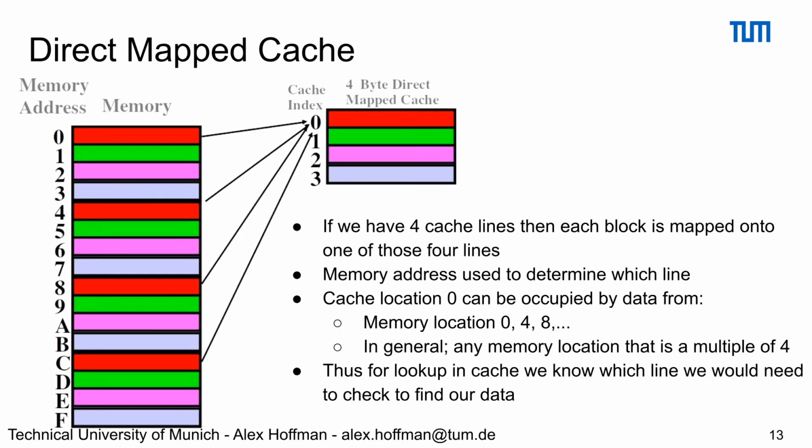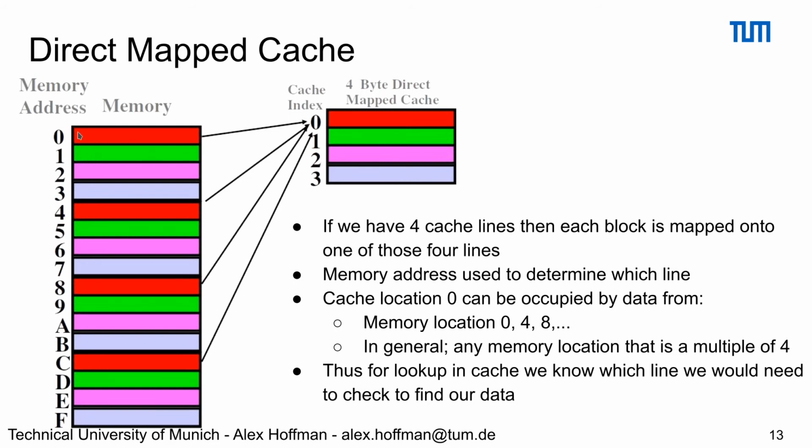So a quick visual example: we can see on the left here, I have my main memory with my memory addresses. I just have here 16 memory addresses, and I have here my very simple cache. We don't have to deal with how big it is, we don't really care. All we want to know is I have 4 cache lines. So I have 16 bytes in memory, and I have 4 cache lines.